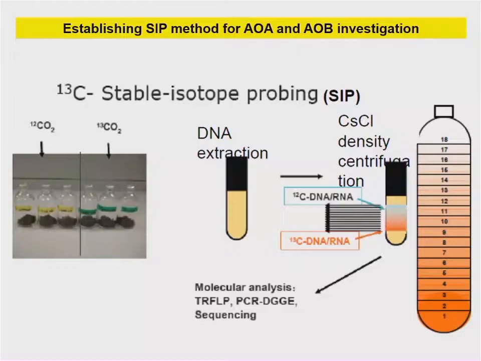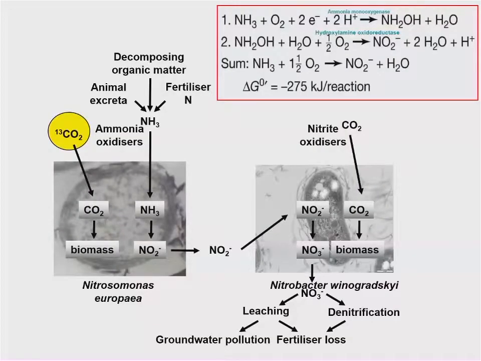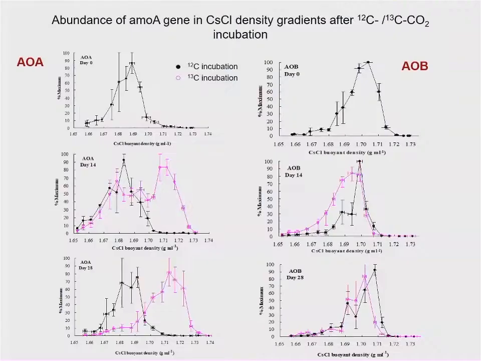In this way, we can identify which microbes are involved in the nitrification. So this is basically the mechanism. We incubate the microbes with carbon-13 labeled carbon dioxide to see if the carbon-13 can be incorporated into the microbial DNA.